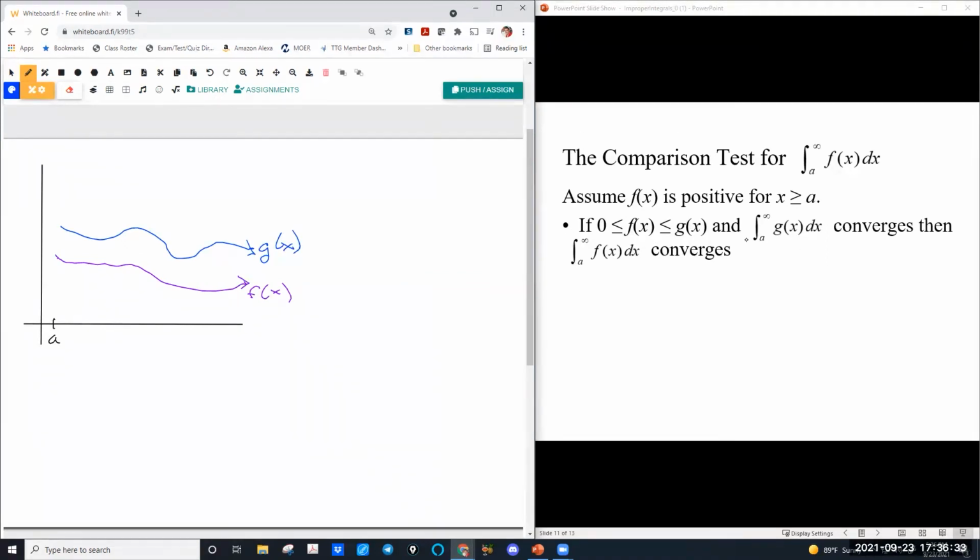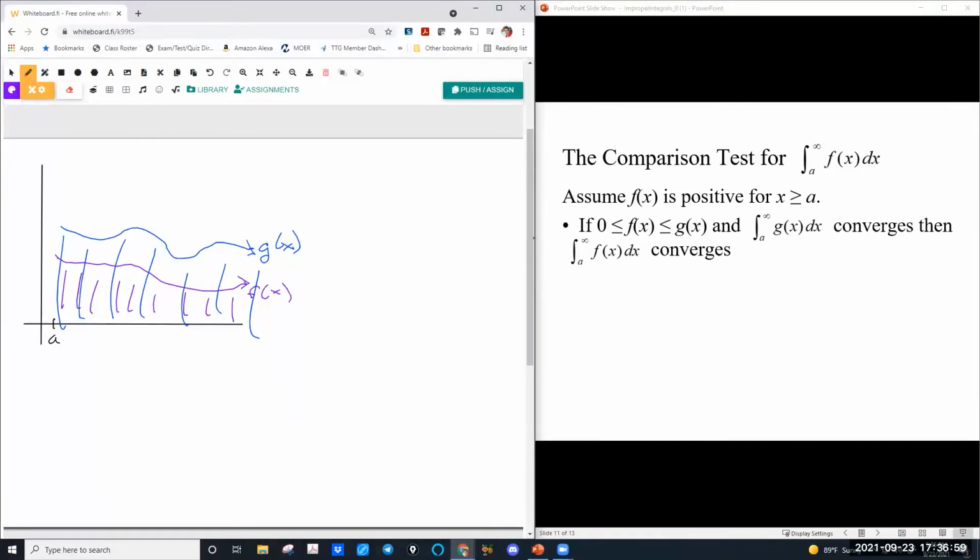Let's talk about what this is saying. If the improper integral of g converges, what that's saying is there's a finite amount of area between a and infinity under g. Well, if there's a finite amount of area under g, then there must be a finite amount of area under f.